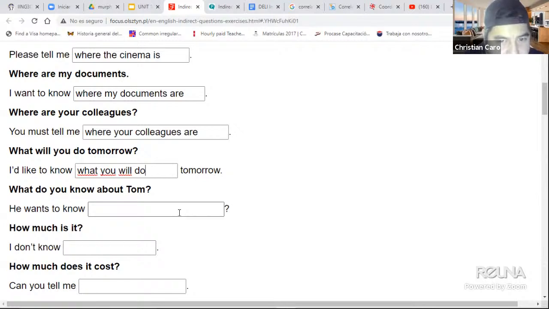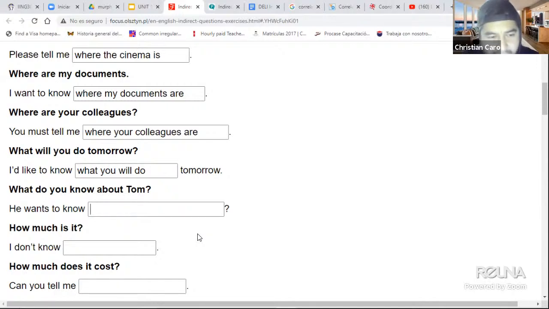What do you know about Tom in this case? This one is kind of interesting because we need to get rid of the auxiliary verb.